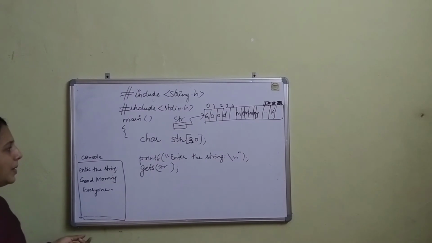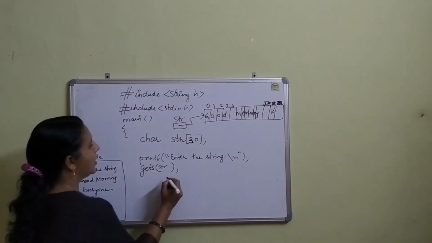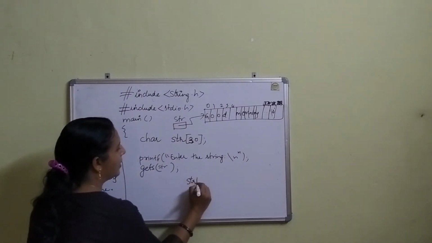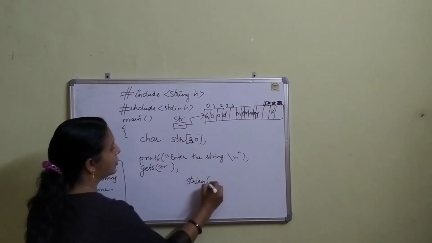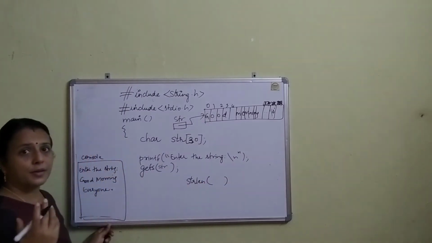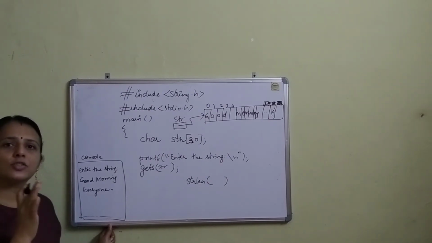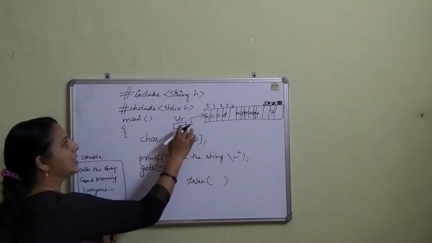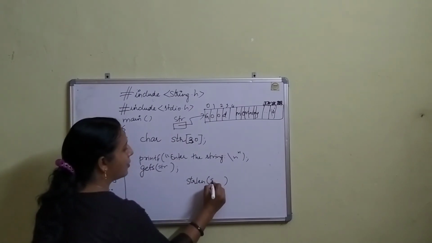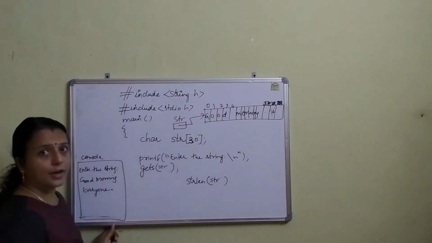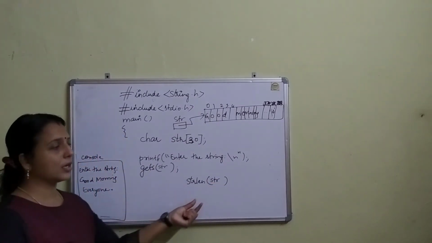Now what do you have to apply? You have to apply the string handling function strlen to find the length of the string provided by the user. That string is stored in the character array, so you provide the character array as an argument for this function.